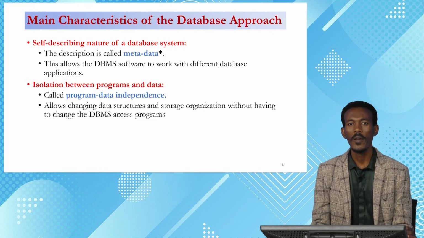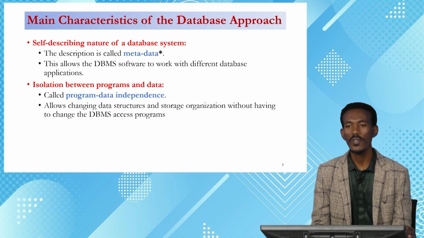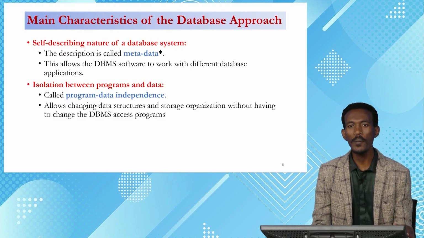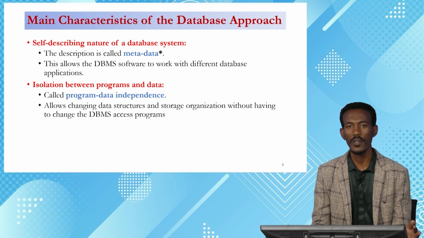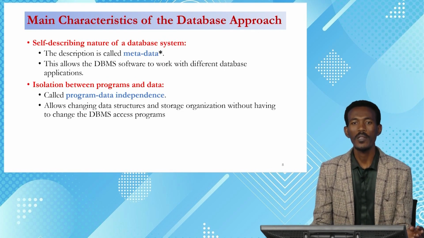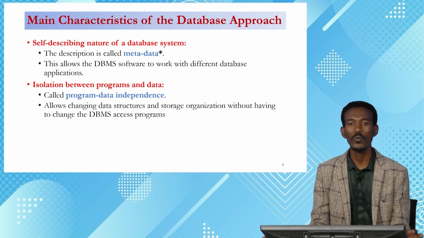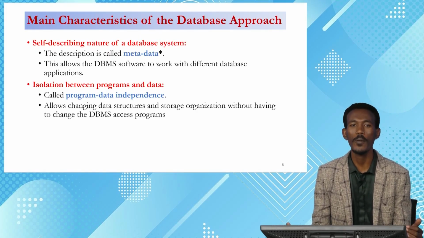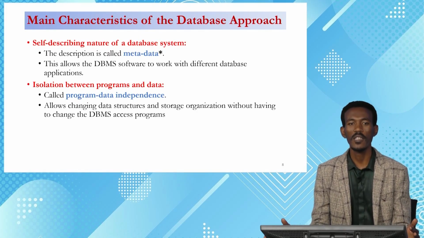For example, if we take a picture of an individual, the description of that picture can be placed as metadata of that picture: the date we captured the picture, the time, the place, and many other things that describe the picture in detail. That is what we call metadata.